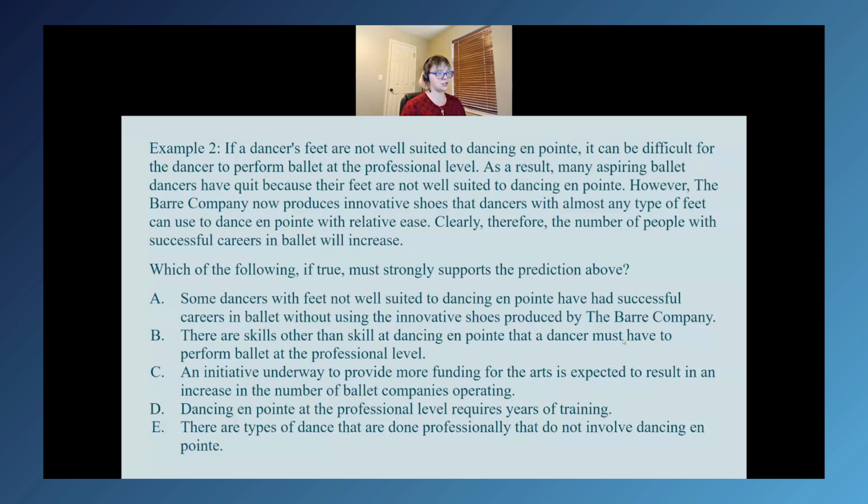So there might be more barriers than just the shoes. So if anything, B might weaken the argument. I think it's a little bit off topic, but either way, it does not strengthen.